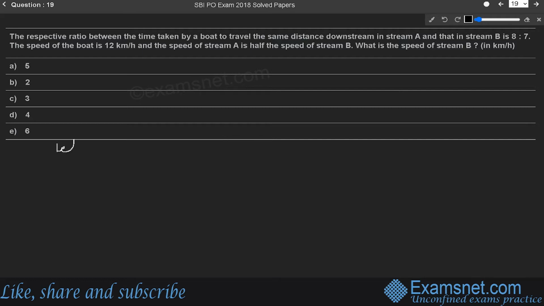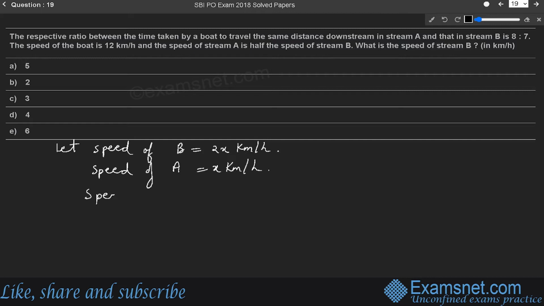So firstly, let the speed of stream B be 2x kilometers per hour and the speed of stream A be x kilometers per hour. We know that the actual speed of the boat is 12 kilometers per hour.